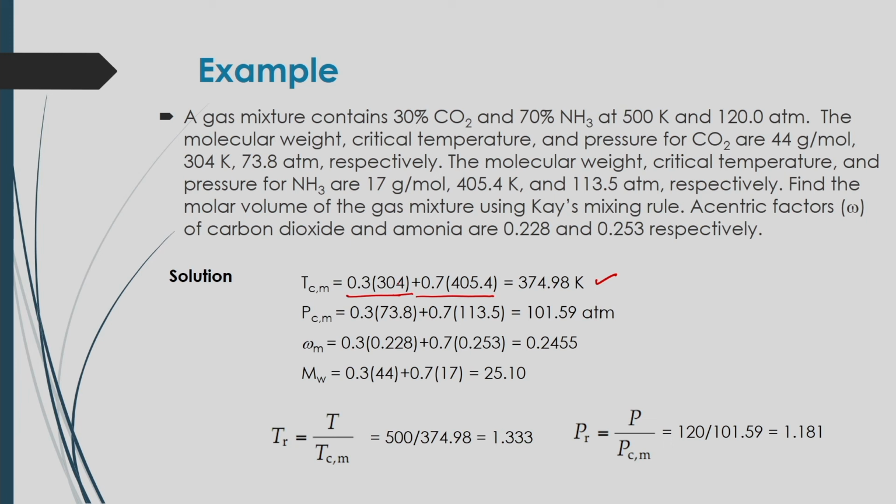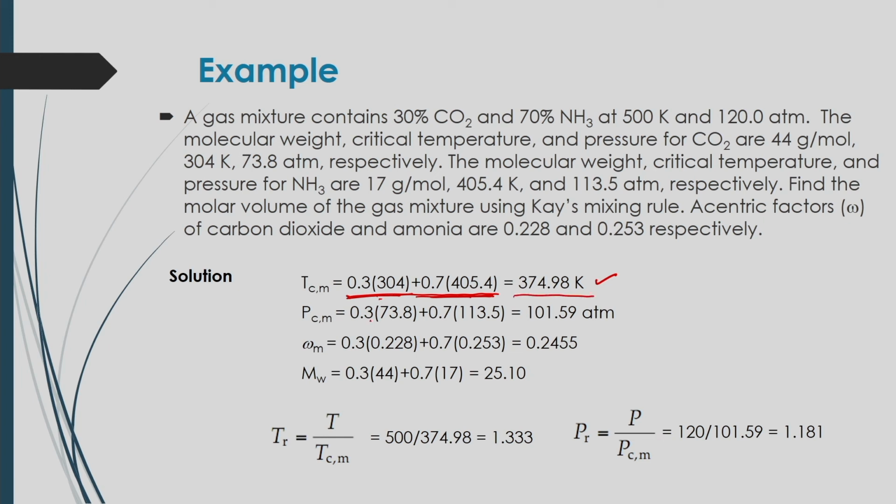Here 304 is the given critical temperature of carbon dioxide, and 405 is the critical temperature of ammonia gas, and their corresponding mole fractions are 30% for carbon dioxide and 70% for ammonia gas. So, the total mixture critical temperature based on this equation will come as 374.98 Kelvin.